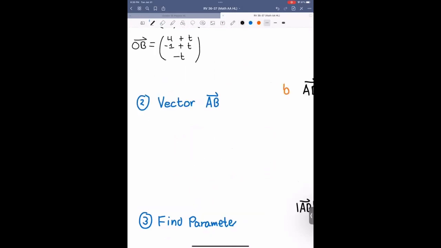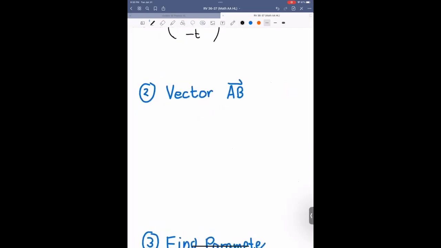Now, whenever we have a vector like AB, we can decompose it into the difference of two different vectors, which is the vector OB minus vector OA.